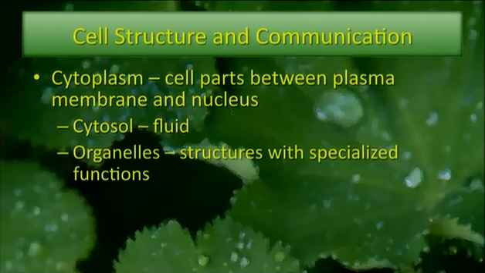Organelles are structures that have specialized functions, such as the mitochondria, the chloroplast, the ER, and etc. Don't worry, we're going to go into all of these in just a minute, one by one, step by step.